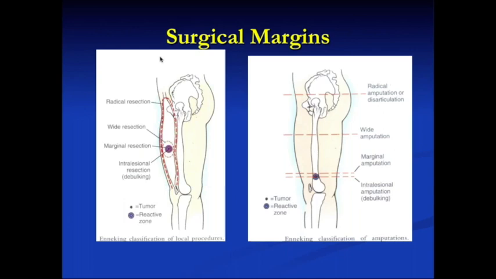So the surgical margins could be that you do an intralesional resection, like a debulking, or a marginal resection. Invariably, this is done only in benign or locally aggressive tumors. Wide resection is when you take a normal cuff of 3 to 5 centimeters of normal tissue along with the tumor tissue. And a radical resection is one in which you take off the whole compartment.